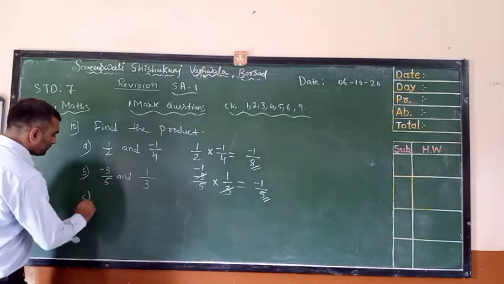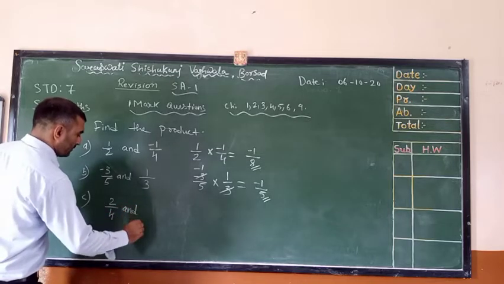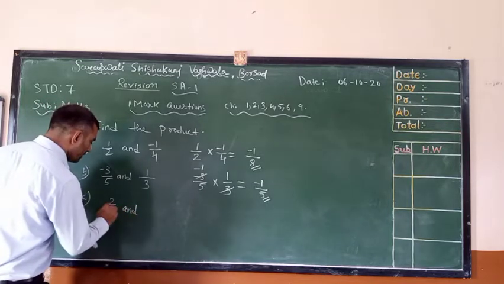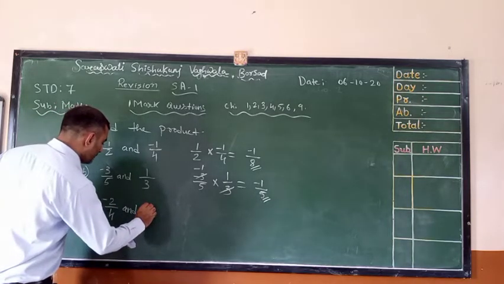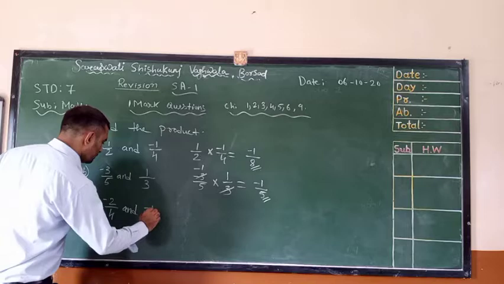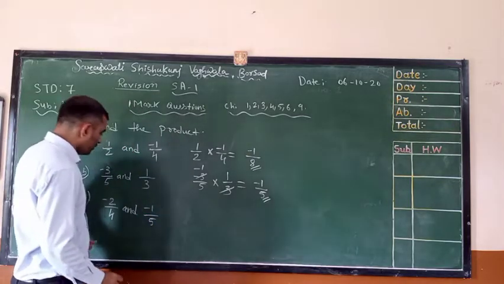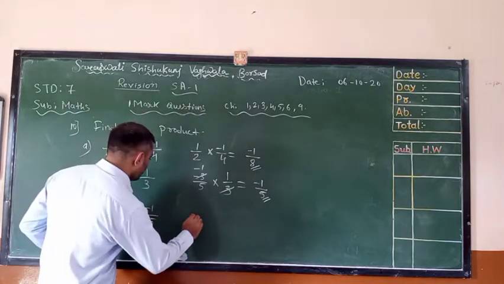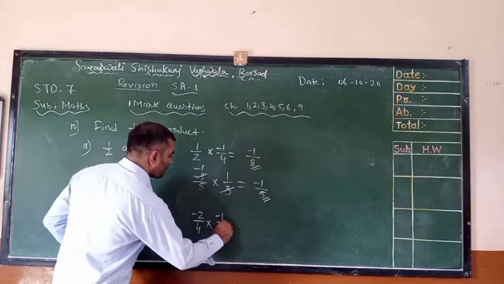Now another question we have is minus 2/4 and minus 1/5. So the answer will be minus 2/4 multiplied by minus 1/5.